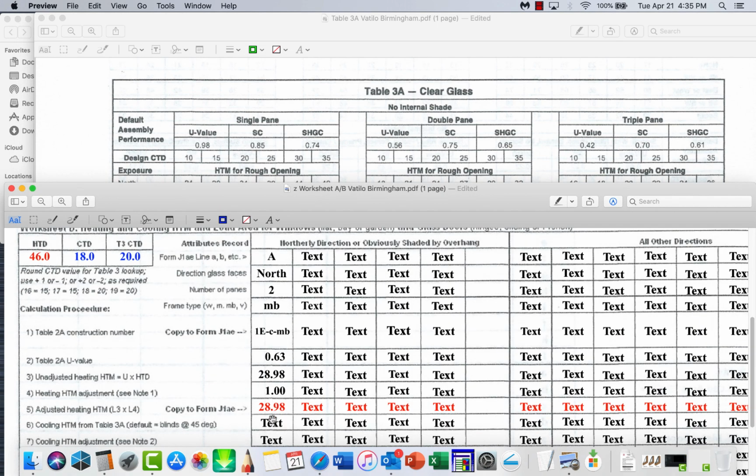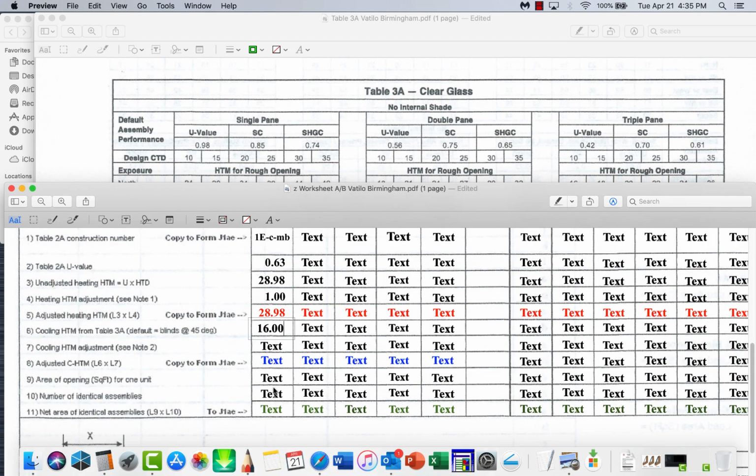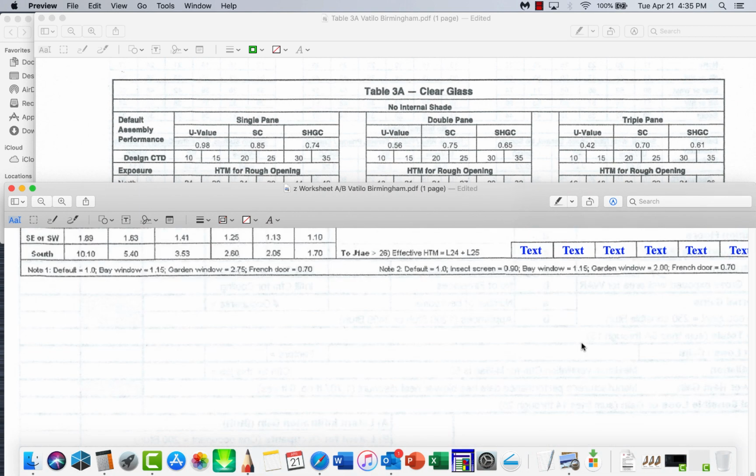So we go back to our table, and on line 6, put in 16, and I'm going to put double zeros. All right. Next question. Cooling HTM adjustment, see note 2. Now remember note 2 is down at the bottom of the worksheet.